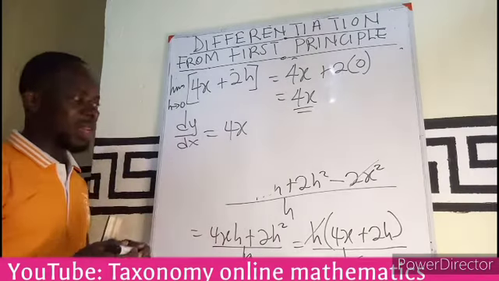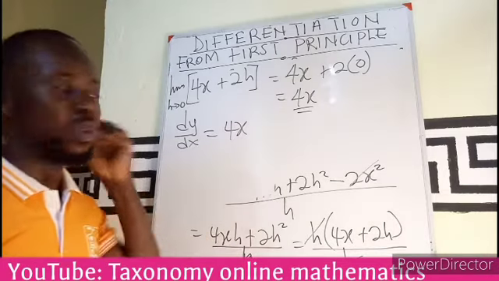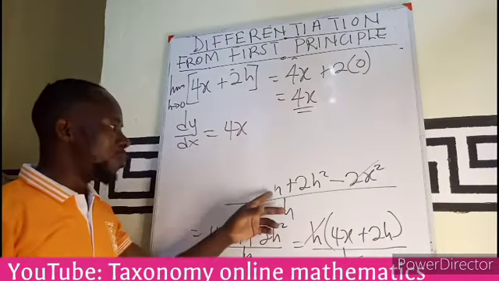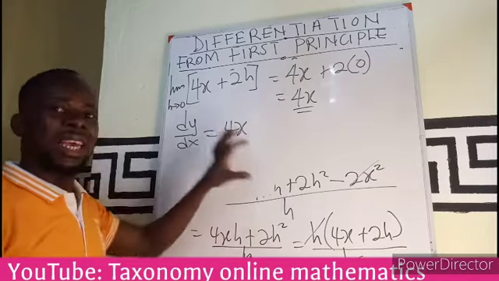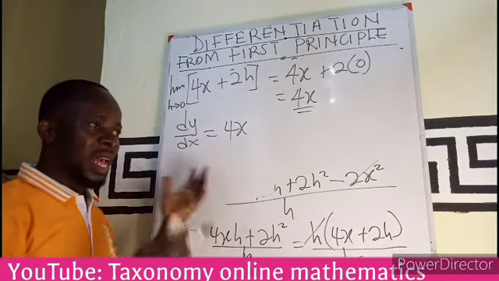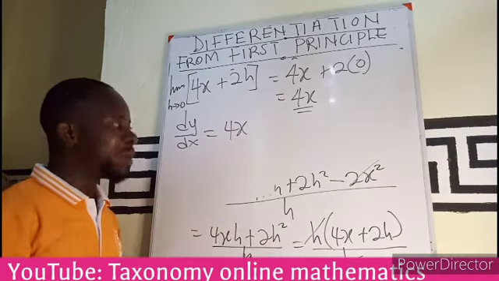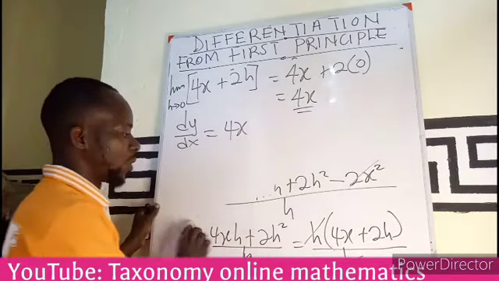So if you are doing the differentiation from first principle, all you do is that you make sure you take each of the functions, the f(x), you expand it, the f(x plus h), you expand that, then you perform all operations, and that will be all.